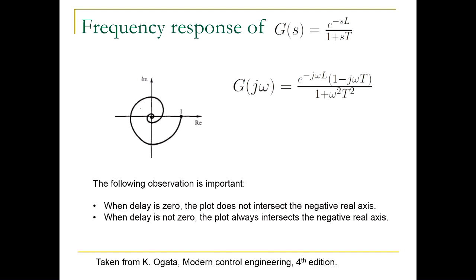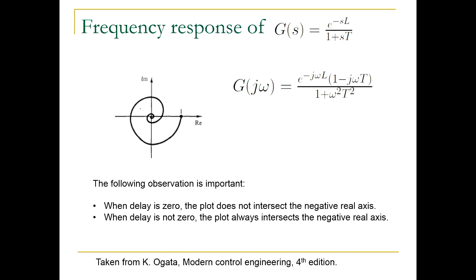What will happen, and you can show that in Ogata, where there are all the calculations, is that the frequency response would start circling around the origin. Note, this is like a spiral, and it keeps going on. There are infinitely many loops around the origin.